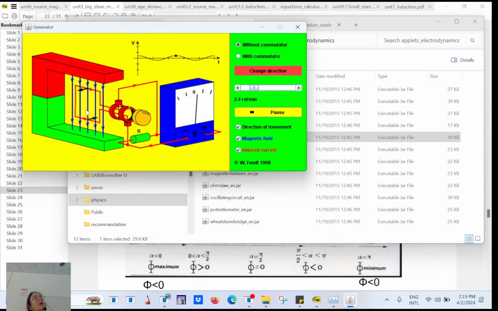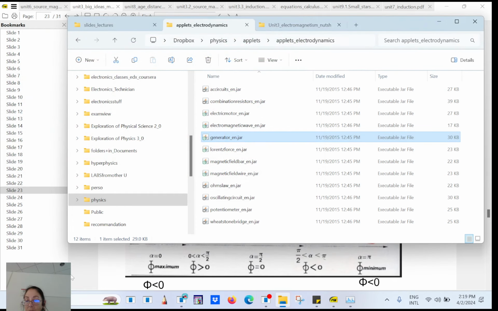So it means in the power plant, that loop here is going to make 60 revolutions in 1 second. So the frequency is 60 hertz. So that's why when you use an oscilloscope, for example, to look at the voltage that you have here, it's going to do plus, minus, plus, minus, plus, minus like this, 60 times a second, that will be 60 hertz.